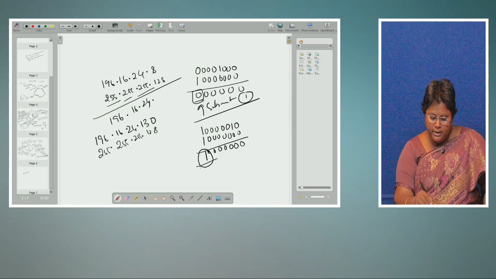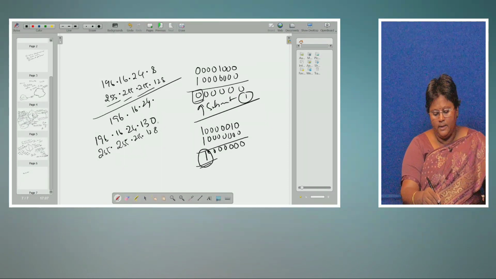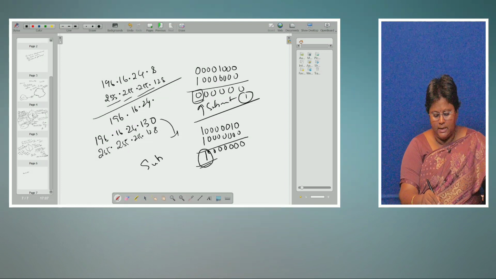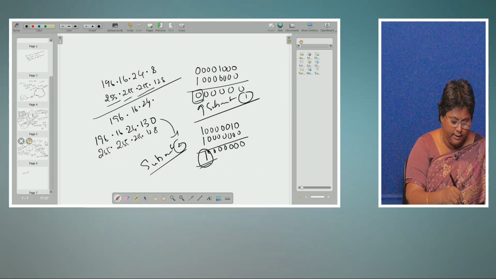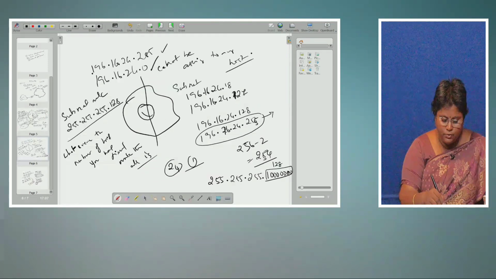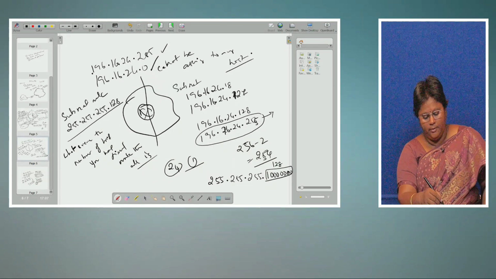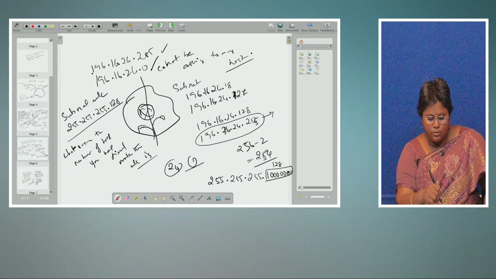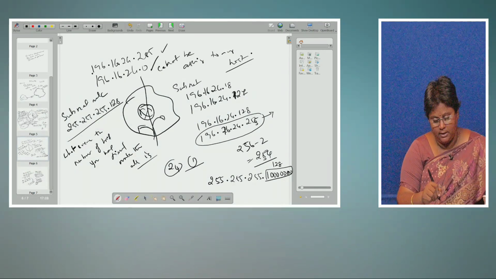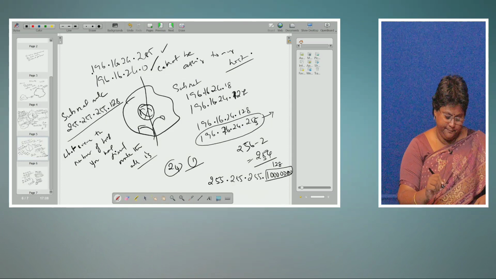Looking at this bit, it is 1, so the router will understand that it has to route to subnet 2. This is how a router connected between these two subnets will route your packets to subnet 1 and subnet 2. This is called fixed length subnetting in classful addressing.